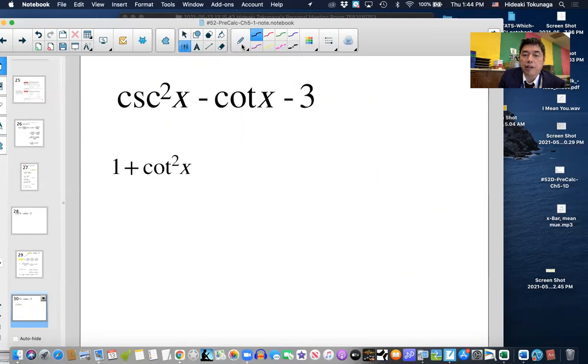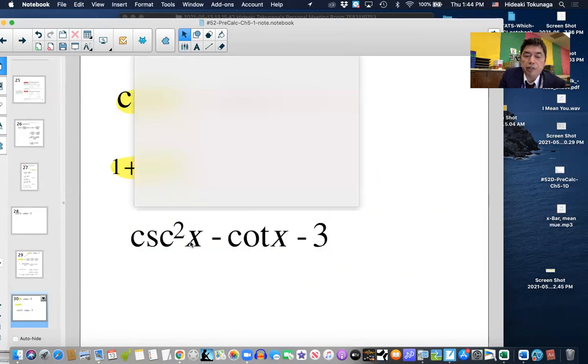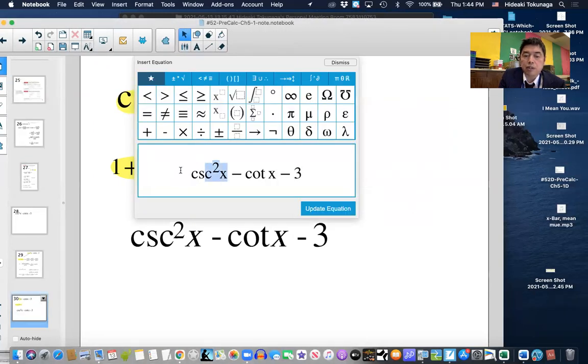Let me highlight again. So if you rewrite this expression right here, you can rewrite this highlighted section with the lower highlighter. So it's 1 plus cotangent square x.